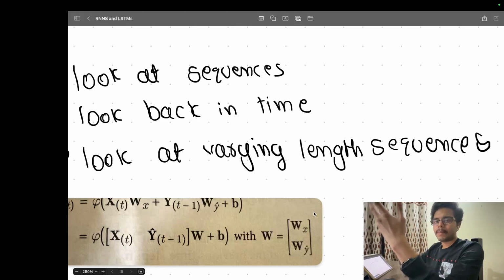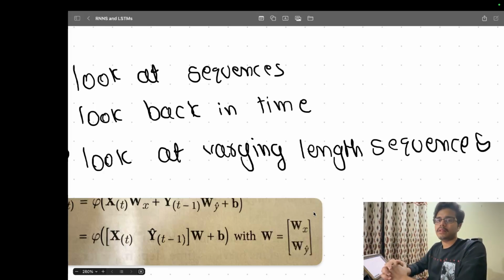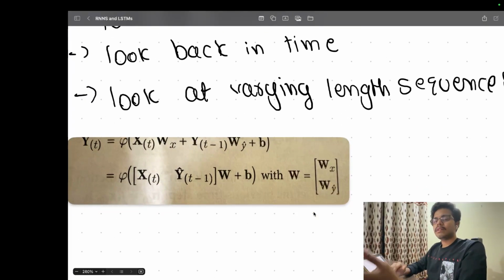A typical sentence may have about 10 words, and based on the tone, if you have a more casual sentence, you may have a fewer number of words. In order to have a robust system, an RNN is designed to be capable of handling multiple lengths of sequences. You have two sets of weights, one for the regular inputs and one for looking back in time.